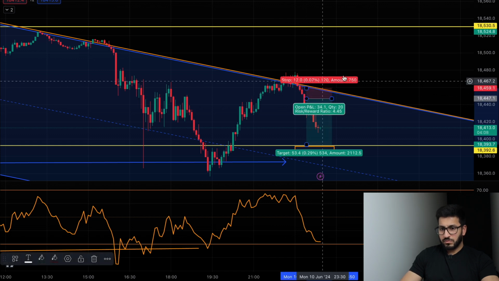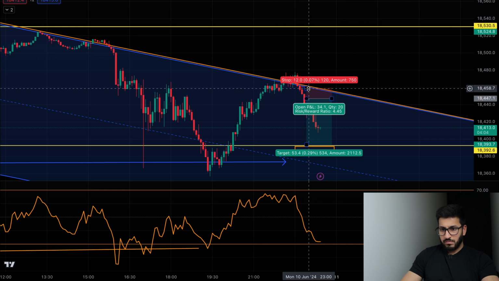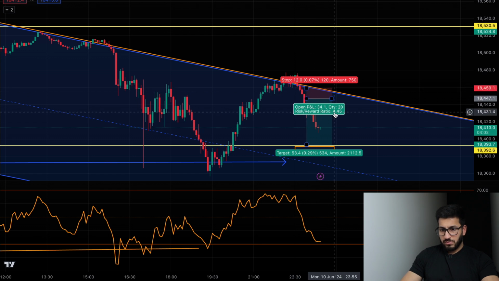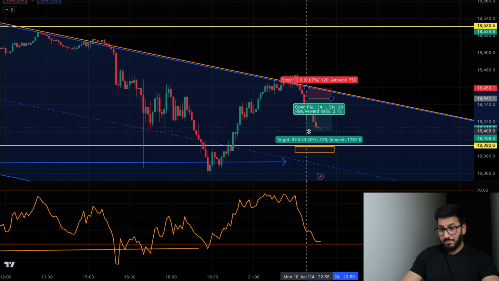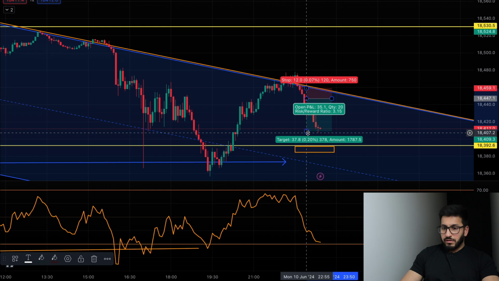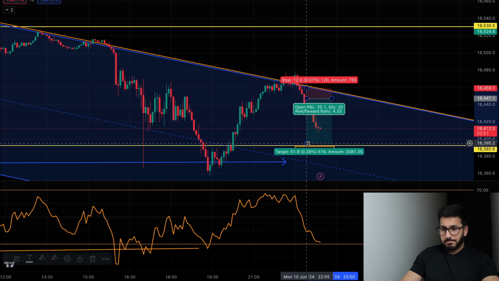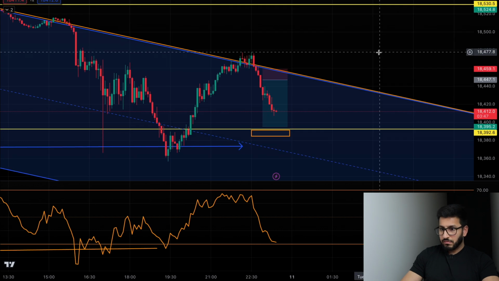So our stop loss was about 10 pips, 10 points. According to that, it's 1 to 3.15. If you are a big risk to reward ratio calculator, then that's for you.